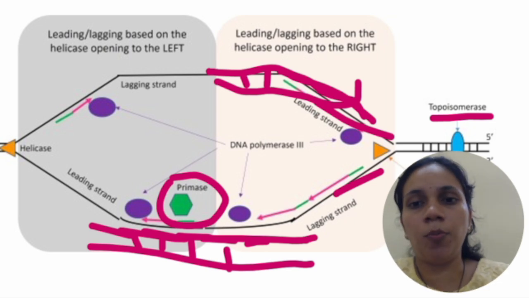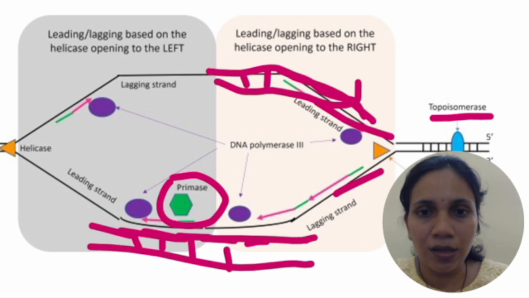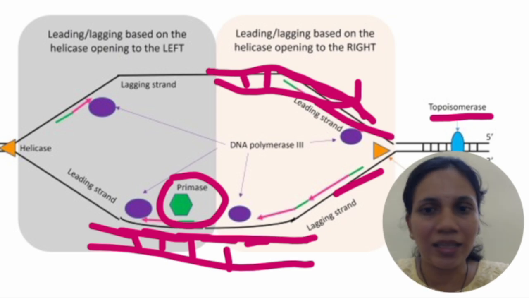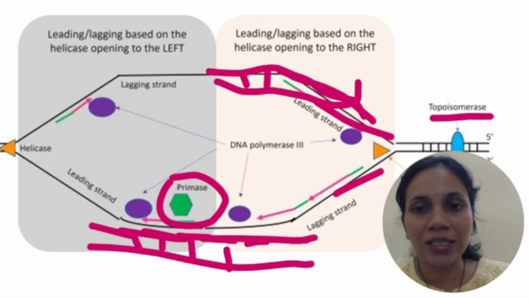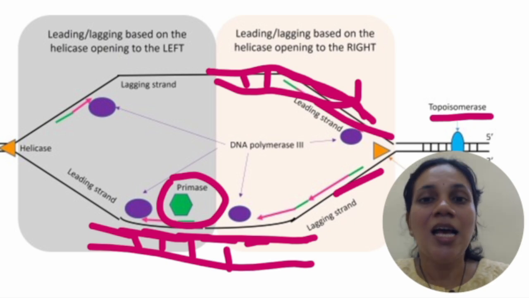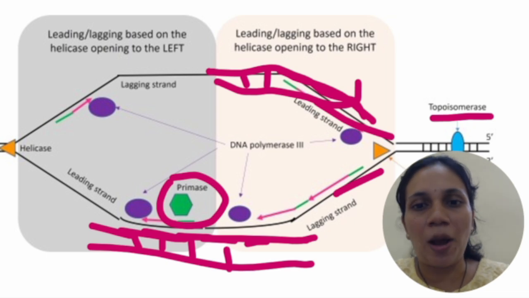But to sum it up, it occurs in a semi-discontinuous manner. It is neither fully continuous nor fully discontinuous. So DNA replication is a semi-conservative, semi-discontinuous model of replication. This you have to remember.